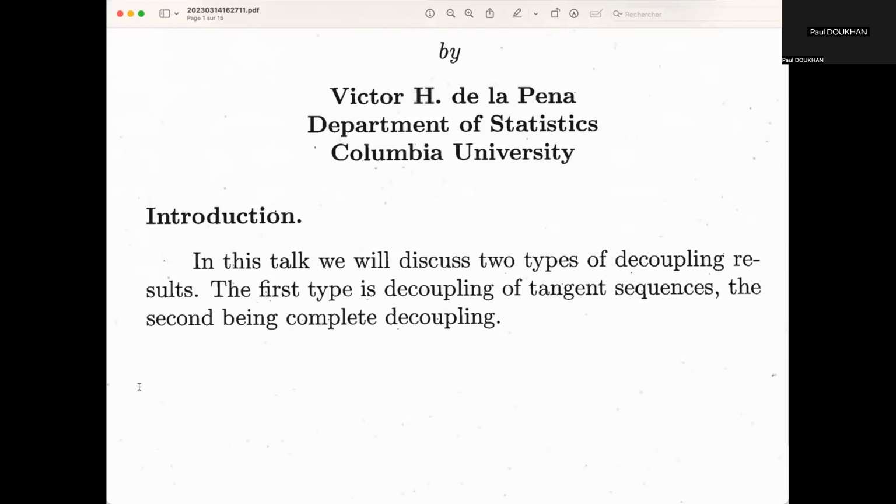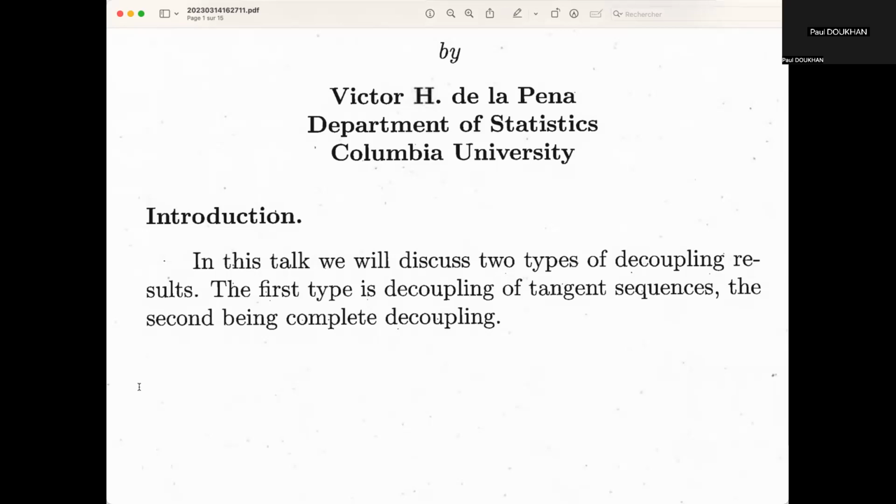There are two types of decoupling that I am aware of. One of them is the decoupling that was initially developed by Burkholder when he was trying to extend the martingale theory to Banach spaces. And what he found, with his student McConnell, was an approach through decoupling to handle the problems involving Banach spaces.